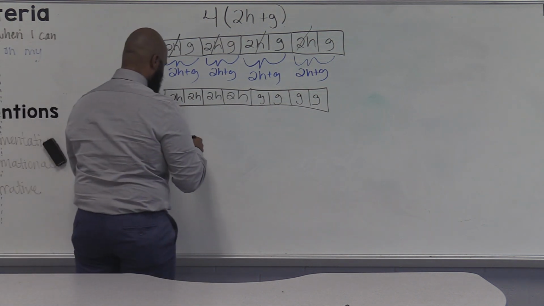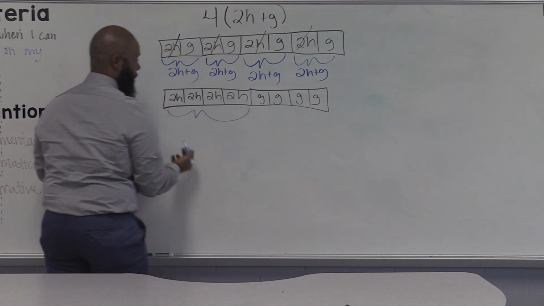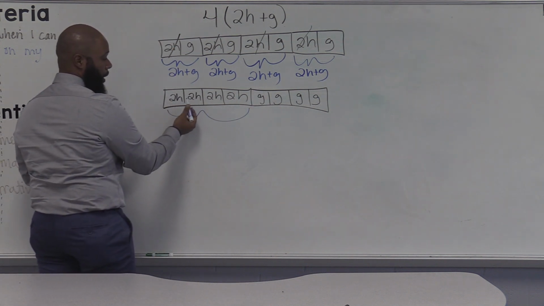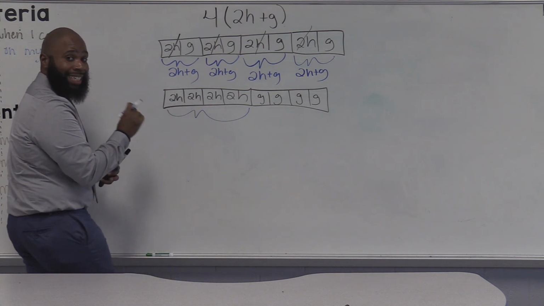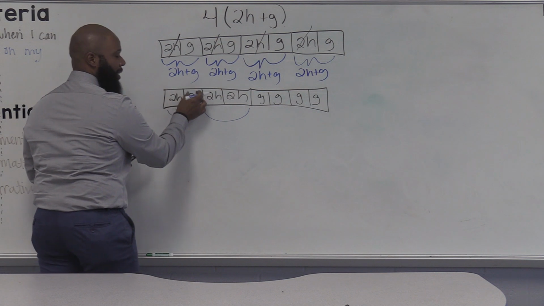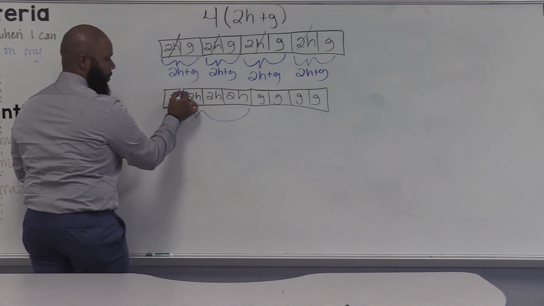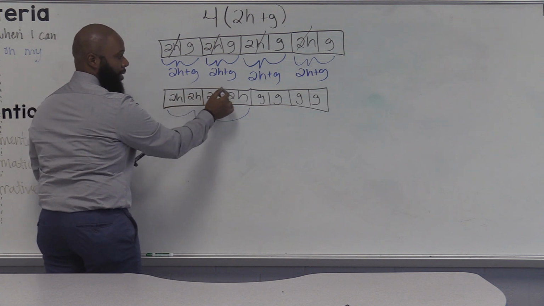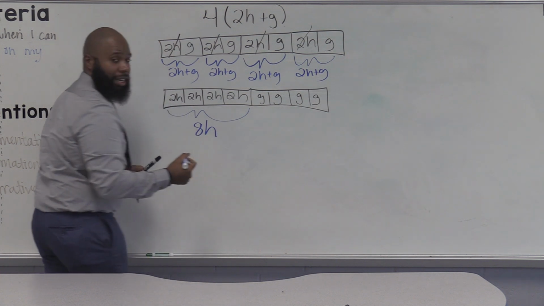How many 2h's do I have? Well, I have 1 2h, 2 2h, 3 2h, 4 2h's, but they all have a 2h in them. So this is a 2h plus a 2h plus a 2h plus a 2h. So that's 2h, 4h, 6h, 8h. See what I did there?